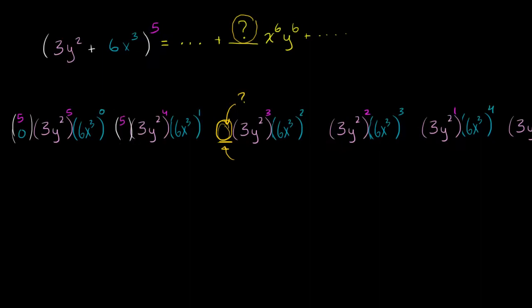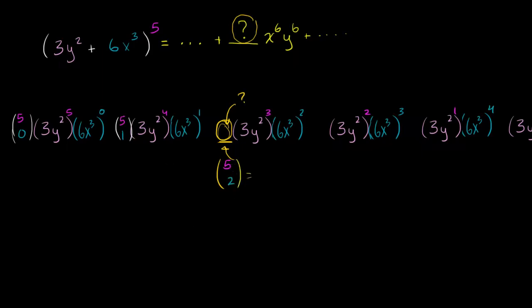So this would be 5 choose 1. And this one over here, this thing in yellow, is going to be 5 choose 2. Now what is 5 choose 2?